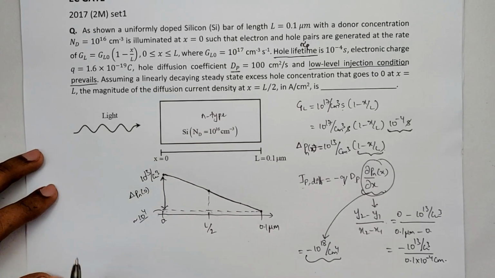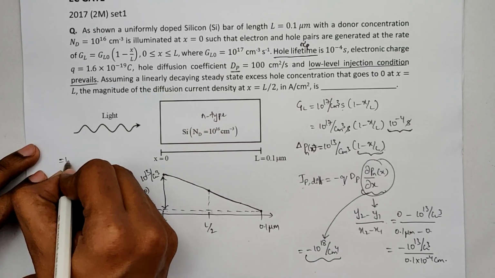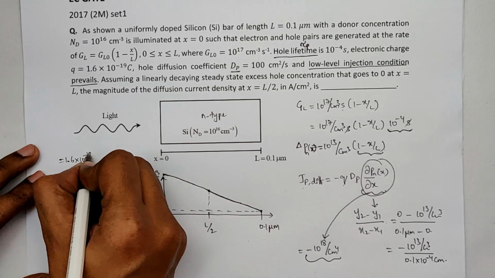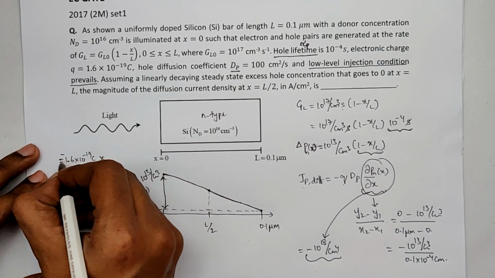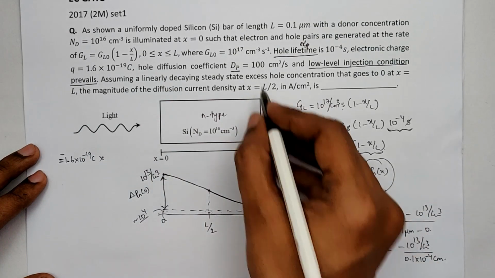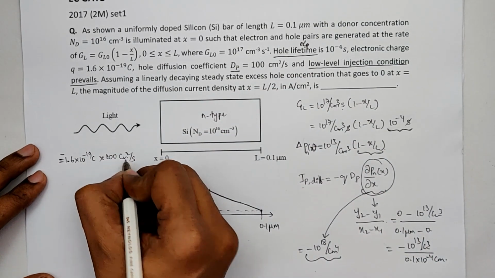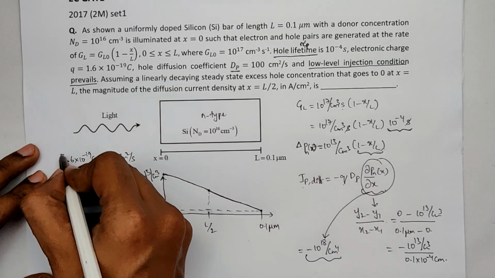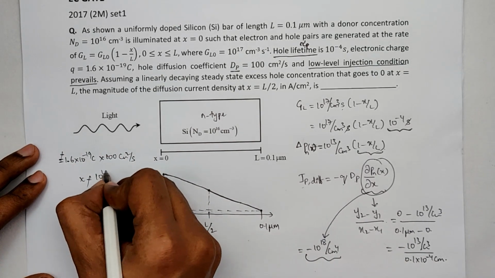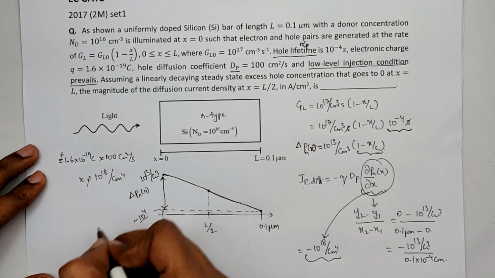So let me do that here. Jp diffusion is equal to 1.6 times 10 power minus 19 coulombs, the q value, of course there is a minus sign, times Dp, 100 centimeter square per second, times there is a minus sign here, the slope, 10 power 18 per centimeter power 4.